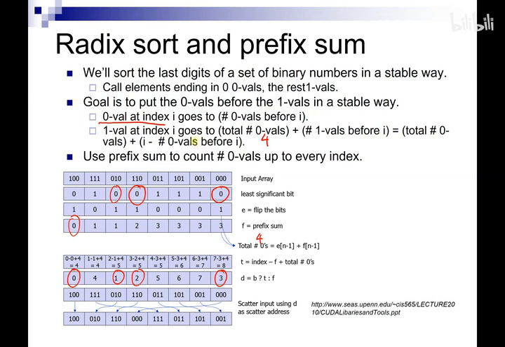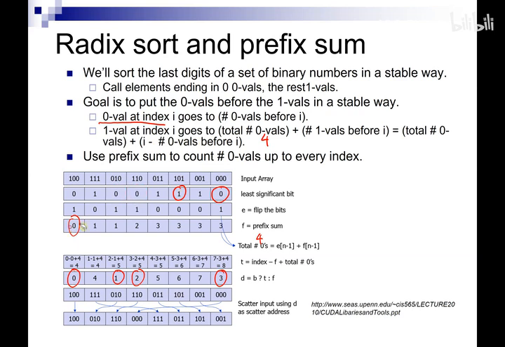And we can find how many 0 values there are just by using this f array. So therefore we have this formula for the position that a 1 value should go to. It's equal to the total number of 0 values plus I minus the number of 0 values before position I.